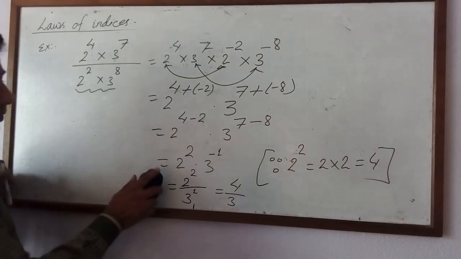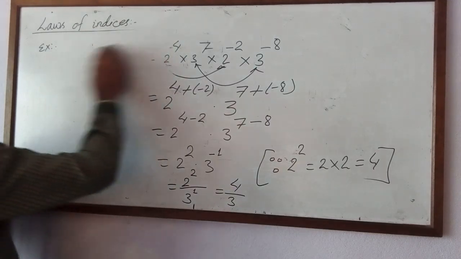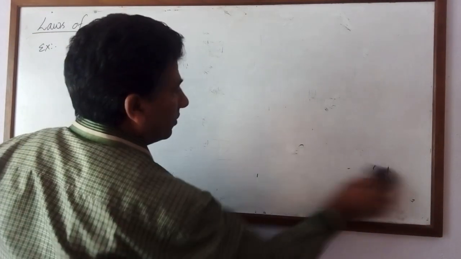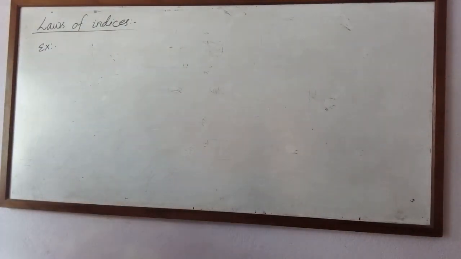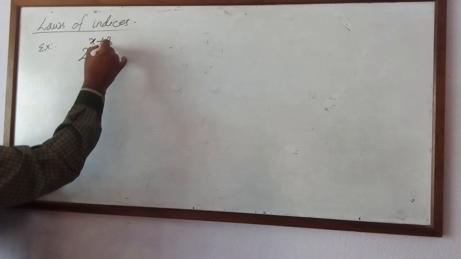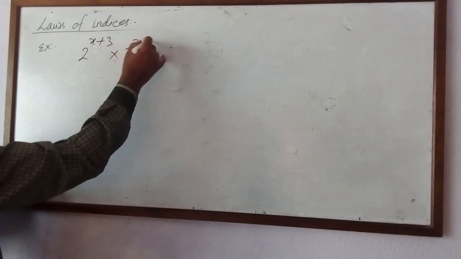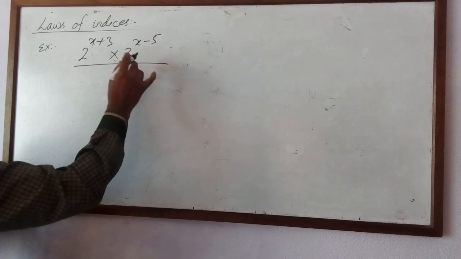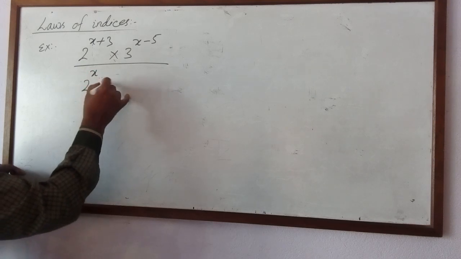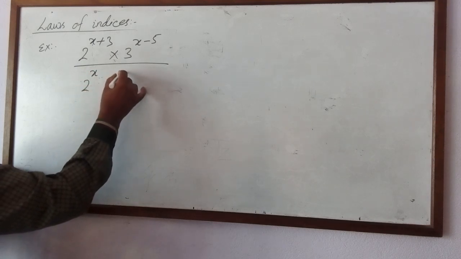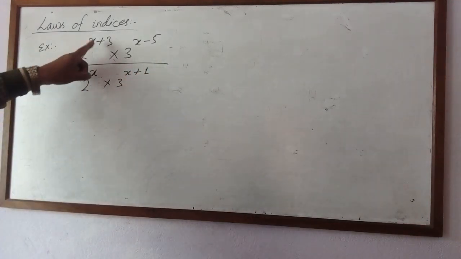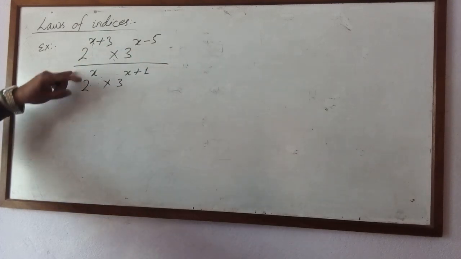One more example: 2 power x plus 3 times 3 power x minus 5, divided by 2 power x times 3 power x plus 1. Okay, this one is the question here.